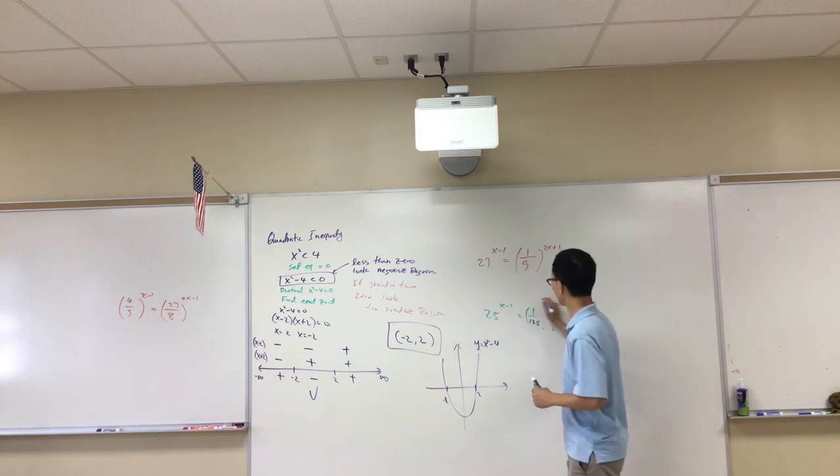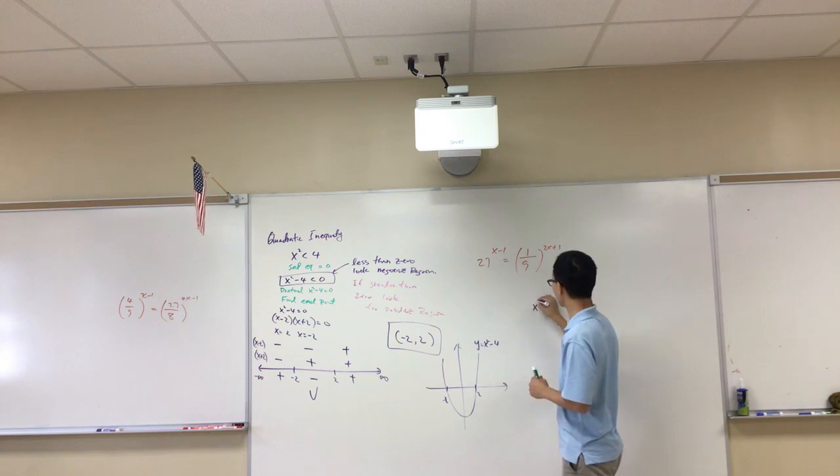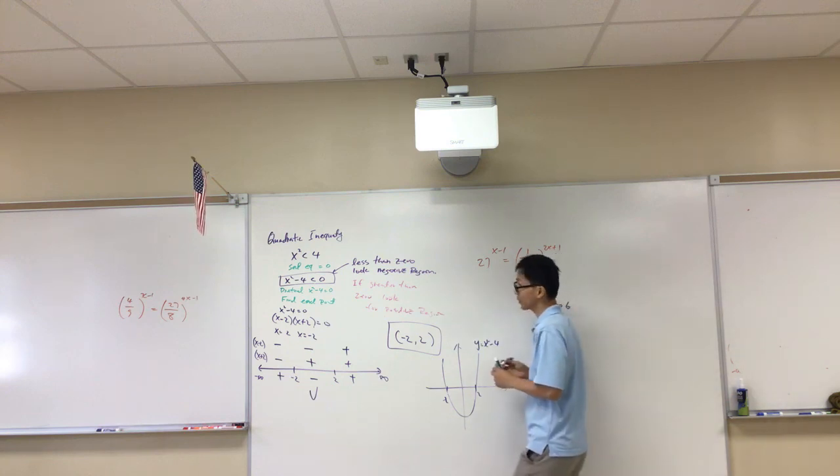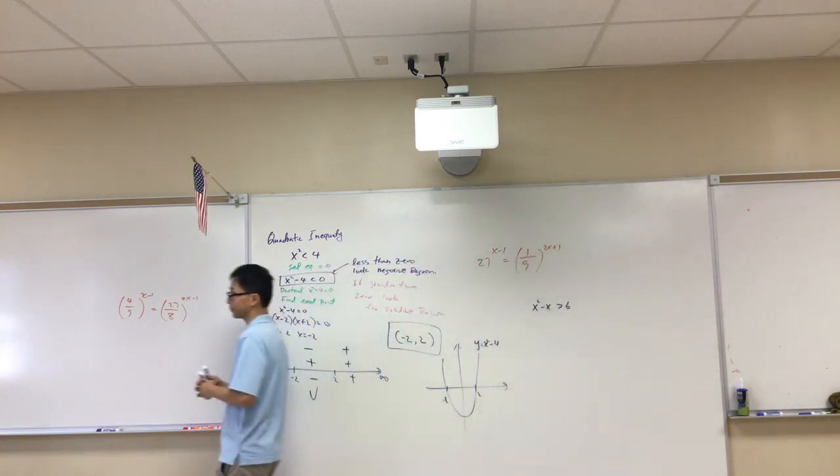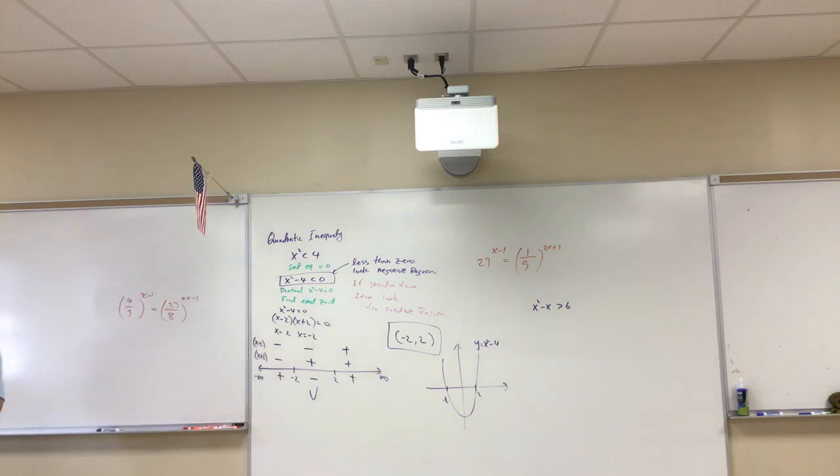So here's my question to you. I know the period is going to end, but I'll give you an answer also. x squared minus x is greater than 6. I want you to solve this quadratic inequality. First of all, you have to set the equation equal to 0. So you have to move the 6 to the other side, factor it, find the endpoints, and test each region.